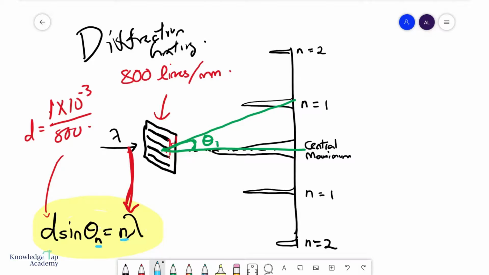So for example, if I wanted to find theta 1, I would sub in n equals 1, and then if I solve this equation, I will get this angle here. If, for example, I subbed in n equals 2, then you would be getting this angle here that's subtended from the horizontal line to the second order maximum, the point where the second order maximum forms, and so on and so forth.